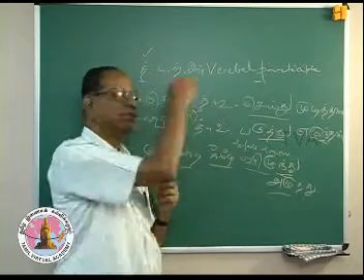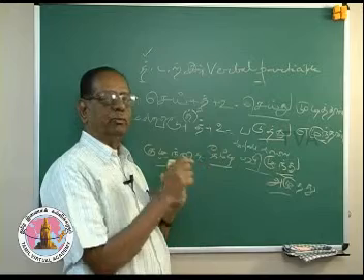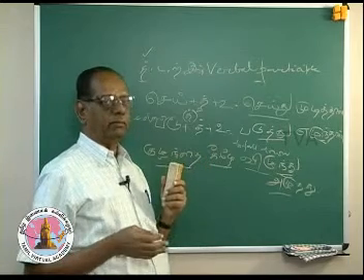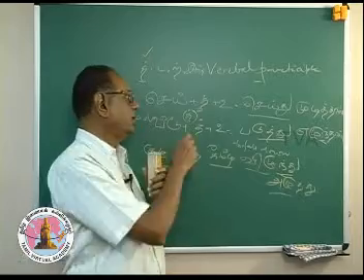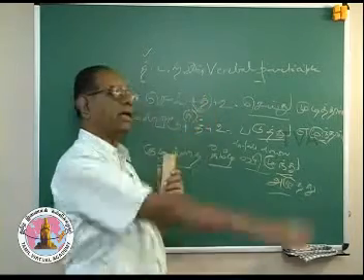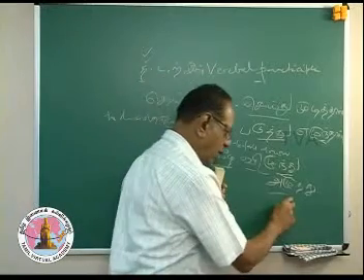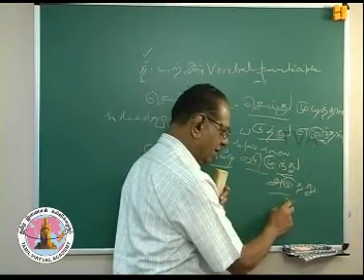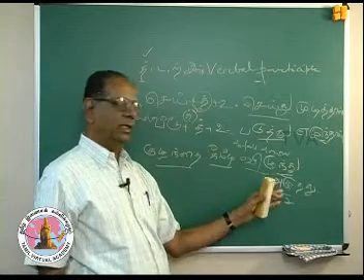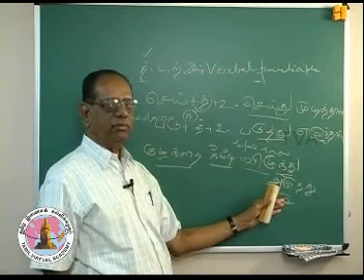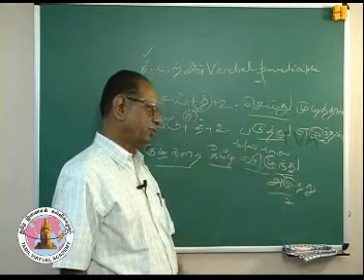We have been discussing that the first part of the verbal participle, that is the incomplete verb, will take the past tense marker. The following verb or the second verb will give the details of the subject plus the tense.